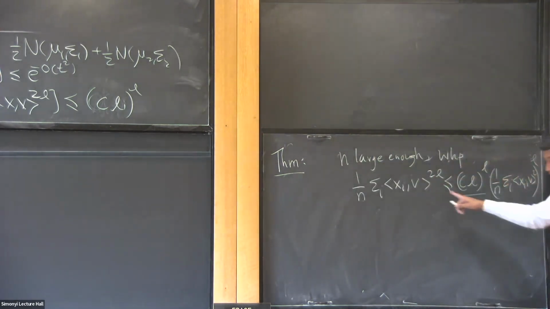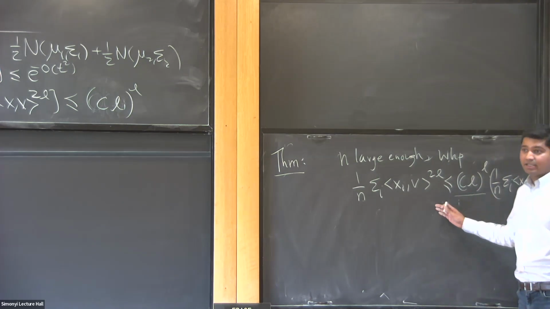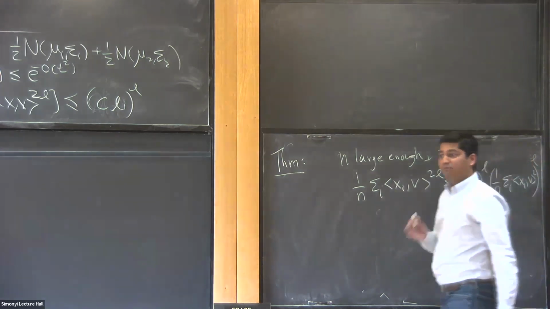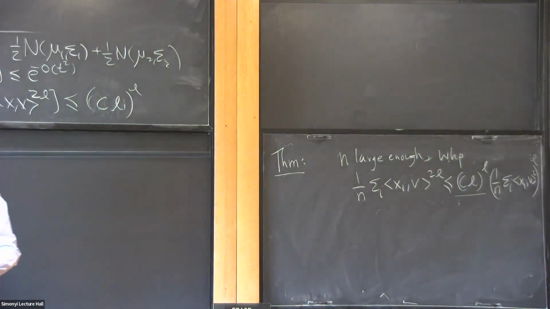But now I view this as a polynomial inequality in variable V. It's a multivariate polynomial inequality. And the fact is that this polynomial inequality has a degree 2L sum of squares proof. So what does that mean? It means that I can verify something about all directions V without actually going through all of them. I can indeed do it in time n to the 2L by the technology I showed you.